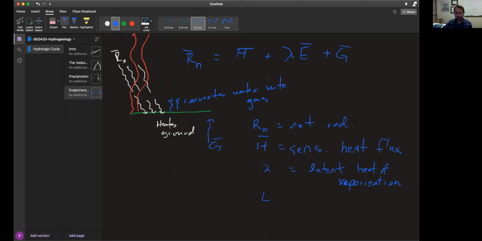And E is the evaporative flux. This is the water leaving via evapotranspiration, so this is the ET water flux. And then G is the geothermal heat flux or soil ground heat flux.